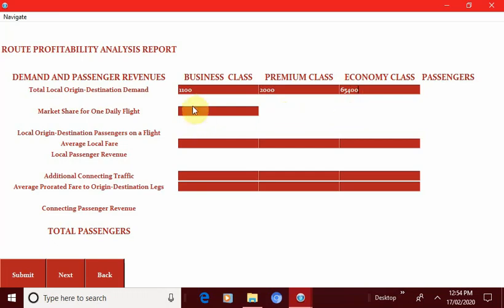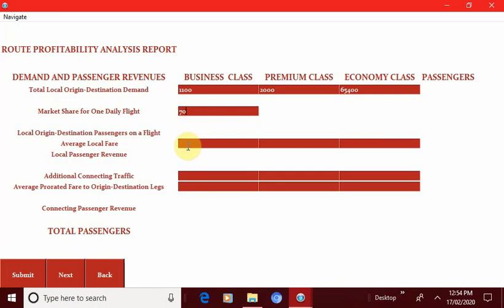And market share for one daily flight has to be estimated. This can be done by a quality service index model also. So let's assume it's something like 70%. We just enter 70.